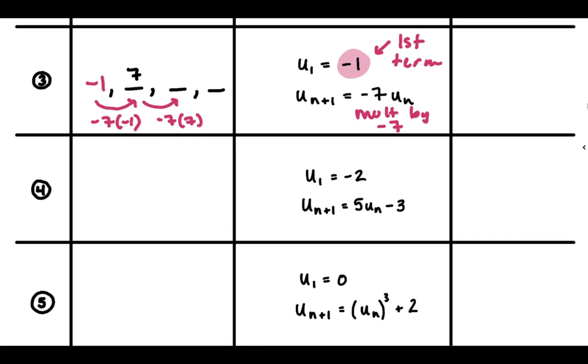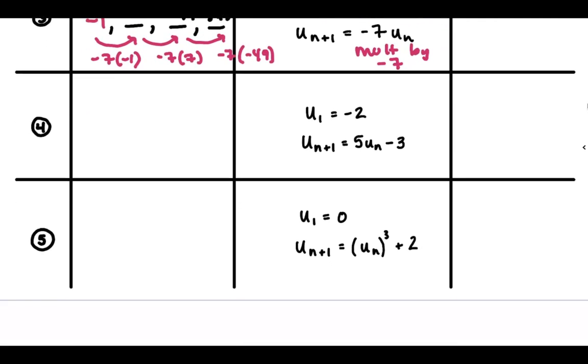Negative 7 times 7 is negative 49. Then we're going to do it one more time. Now we're doing negative 7 times negative 49, that gives us a positive 343. So we found our first term, and then we use this as the recipe for generating the next terms.